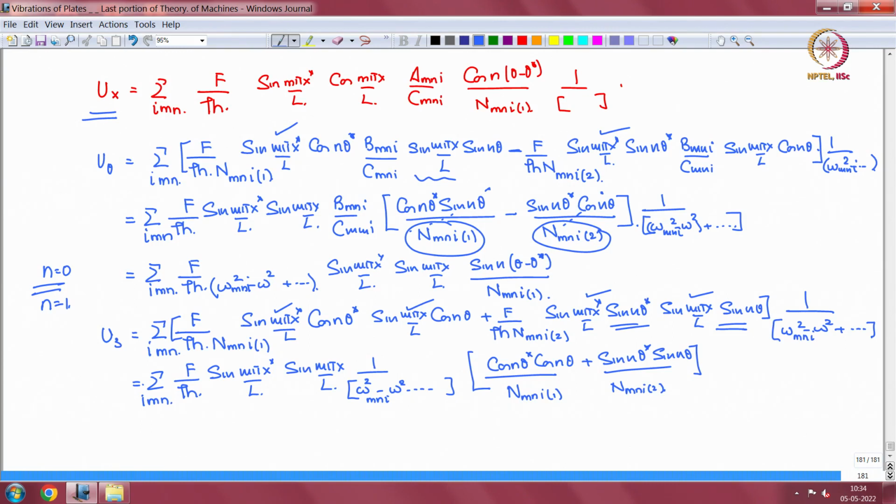Now in this term here, when n is 0, this term is 0 anyway, and therefore I can notionally make this n m n I 1 throughout.